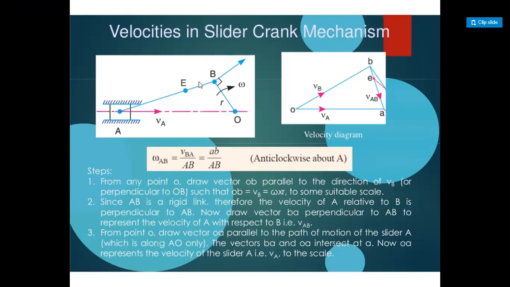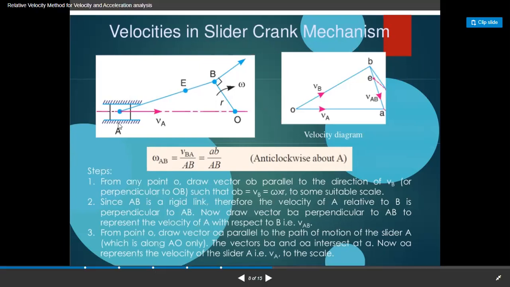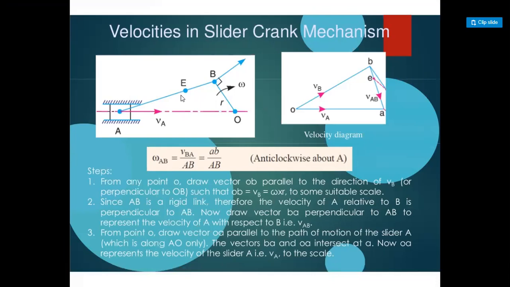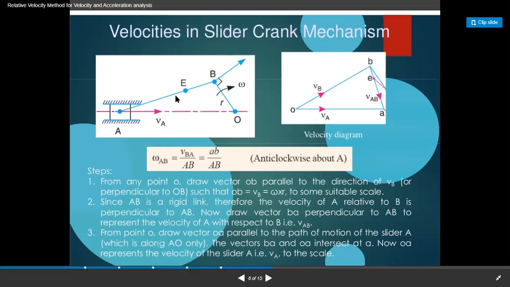Now we have to find the linear velocity of E with respect to A. The linear velocity of E with respect to A is equal to the angular velocity multiplied by the length of the link. Or you can use the equation AB divided by AE is equal to VBA divided by VEA, right?